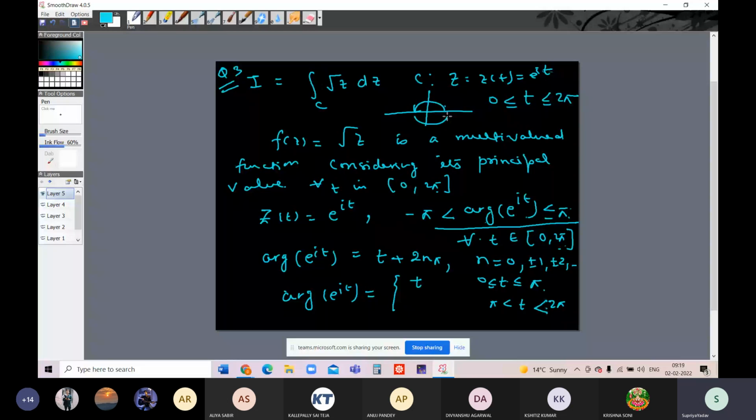We will treat the value in the negative direction. So in that case we can take the argument corresponding to n is equal to -1. Why n is equal to -1? Suppose here is our t, then this angle we will read as 2 pi minus t. We will read it in this direction.